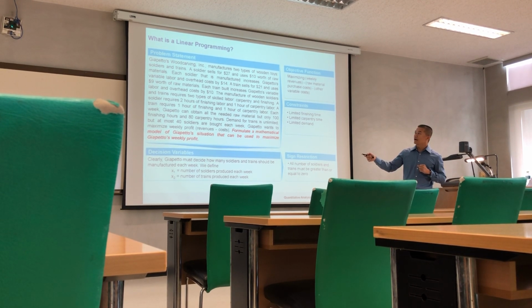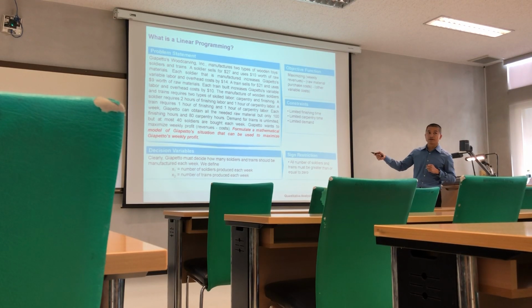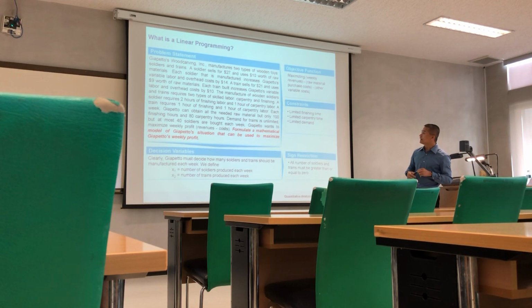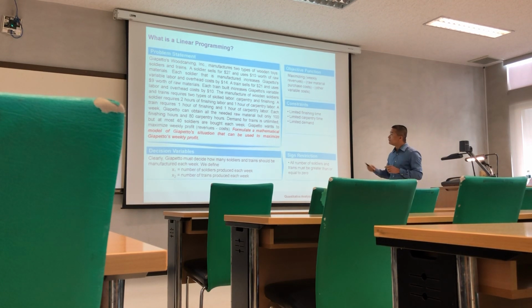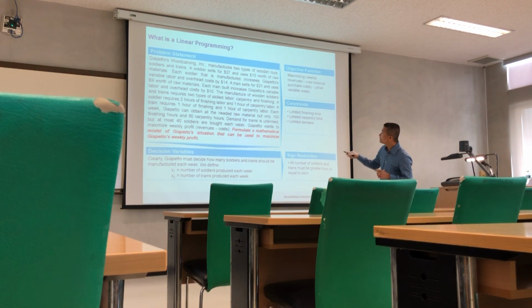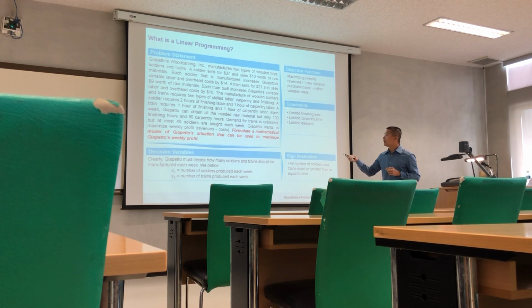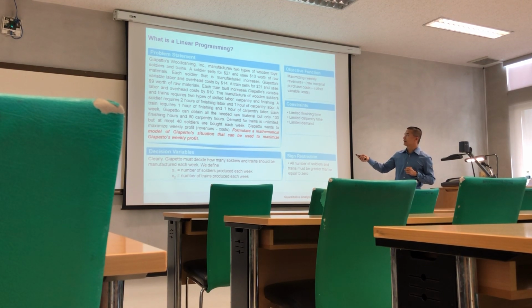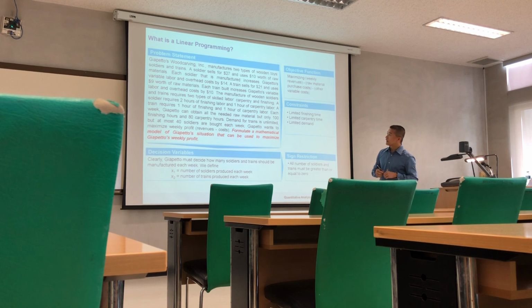A train requires 1 hour of finishing and 1 hour of carpentry. And next, for raw material, the company can obtain all the needed raw material, but only 100 finishing hours and 80 carpentry hours.